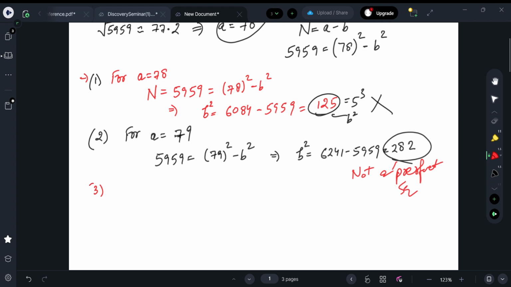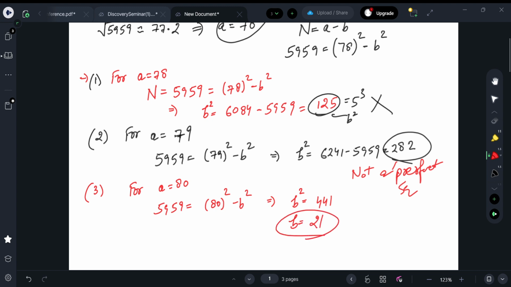Third iteration, I go for a equals 80, and now I look for a potential b squared. Let's see if I have one. So I do 80 squared minus b squared. When I simplify, I get b squared equals 441, and when I take the square root, I get b equals 21. Bingo.